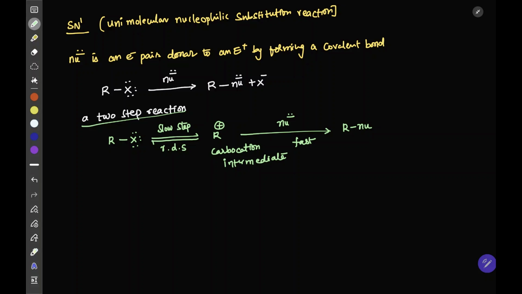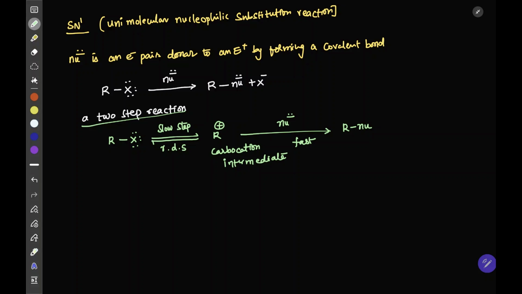In the presence of plus I groups, the stability increases. So in the case of a 3 degree carbocation, the reaction takes place fast. This is the order of the rate of SN1 reaction.